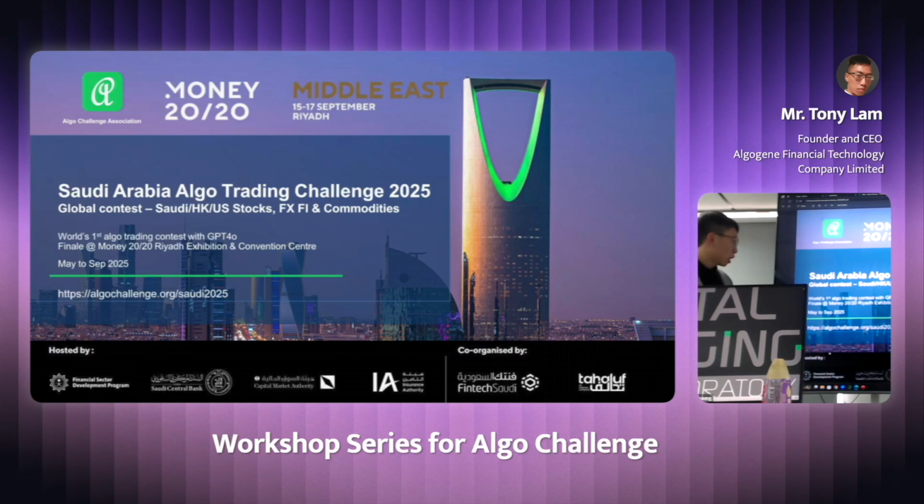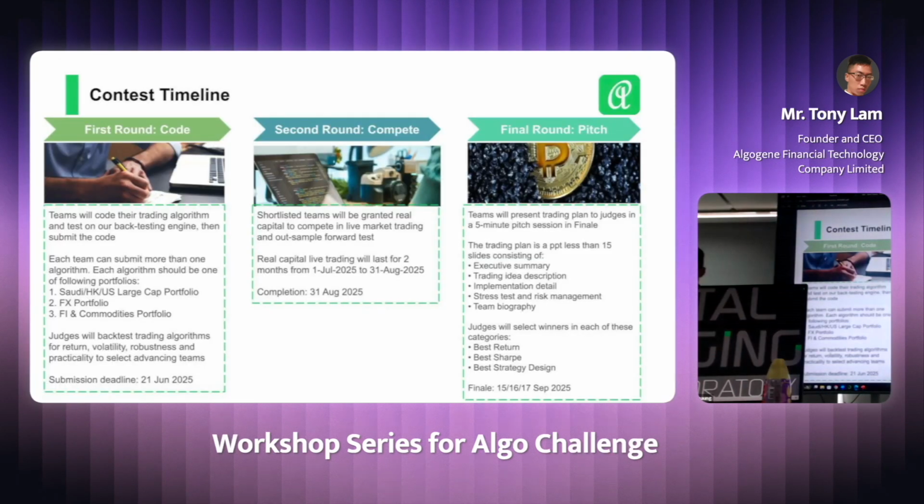For the final day, if you are selected as a finalist, you will have a sponsored flight to Saudi Arabia to pitch in Riyadh. The contest will last around 5 to 6 months.